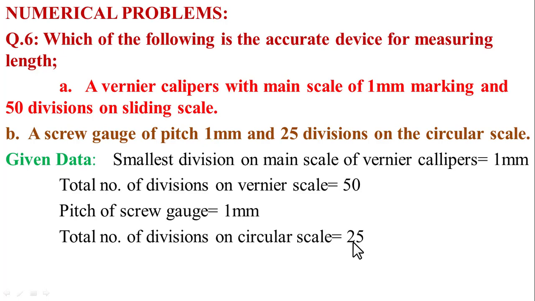Here in part A, the smallest division on the main scale of the vernier caliper is 1 millimeter and the total number of divisions on the vernier scale is 50. Similarly, in part B, the pitch of the screw gauge is 1 millimeter and the total number of divisions on the circular scale is 25.